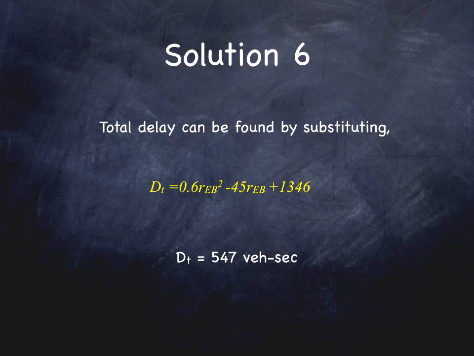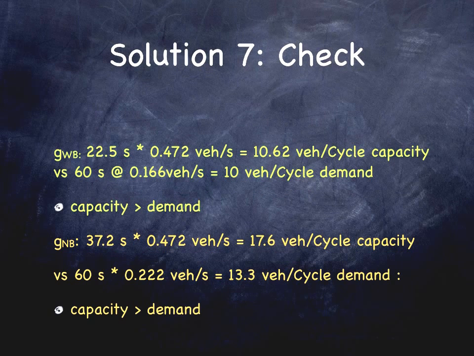Now we can do a check to ensure that our demands are within our capacity. Our westbound approach, which had more traffic than our eastbound approach, is critical here. We had a green time of 22.5 seconds and a capacity, our mu, of 0.472 vehicles per second, and that gives us 10.6 vehicles per cycle capacity.